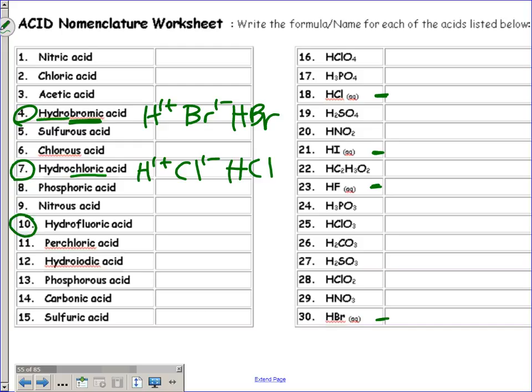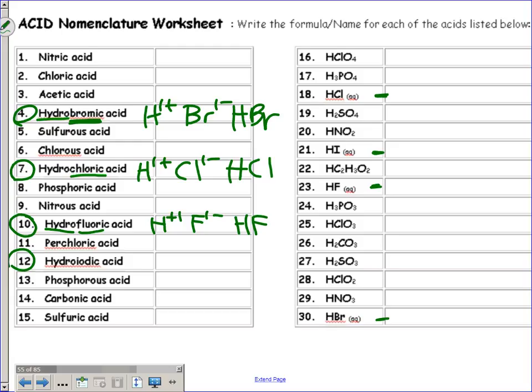Hydrofluoric acid. So I'm doing all the binary ones here in green. Hydrofluoric. What's the nonmetal involved? Fluorine. So hydrofluoric has an F with a charge of 1 minus. These are all in group 7, right? So this makes it very easy. Then put that together and you get HF. Okay? We've got one more.